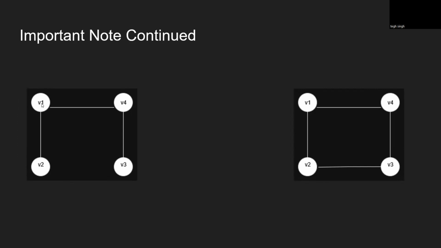If instead of connecting V1 to V3, we connected V1 to V2, then the only other possible edge connection we can make is V2 to V3. However, this is just our original graph that we had earlier. So we haven't learned anything new.